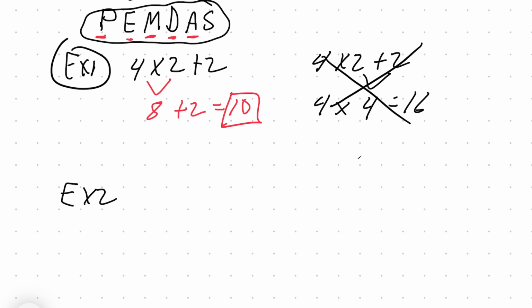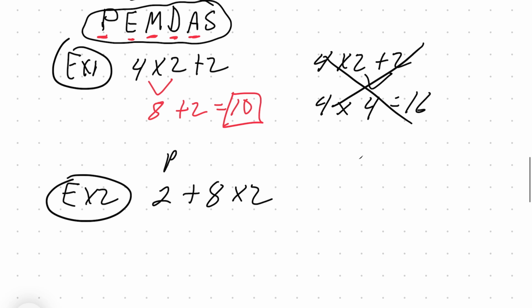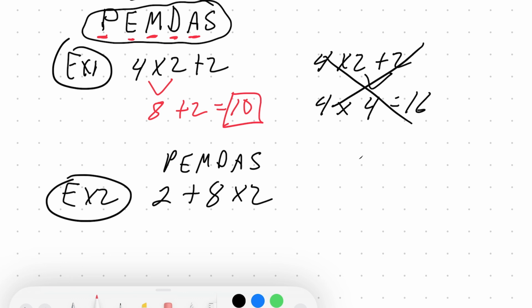Example 2: 2 plus 8 times 2. Again, you can write PEMDAS above the problem and just go through the steps. No parentheses, no exponents. We do have multiplication. So you have to multiply 8 times 2 first, 16. Bring down the plus sign and the 2.